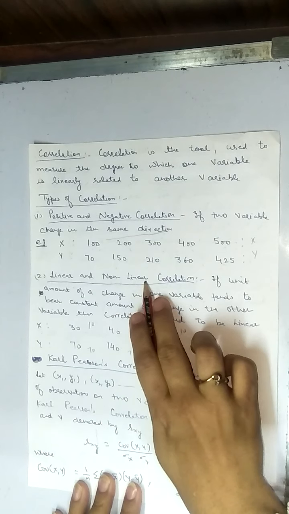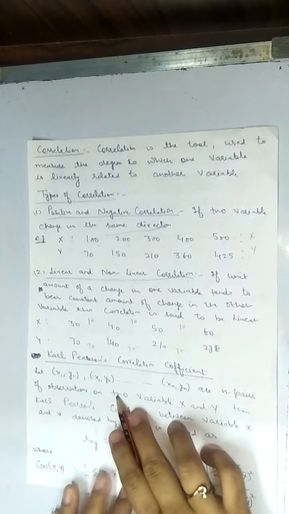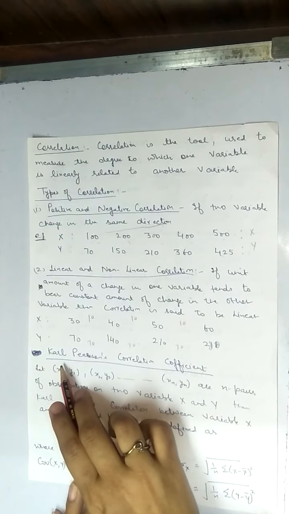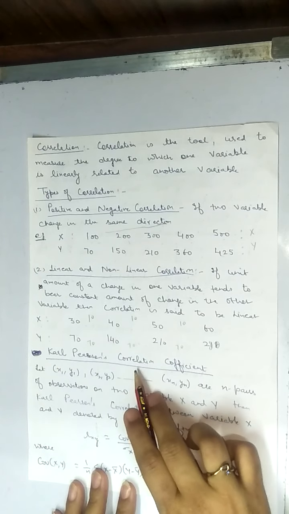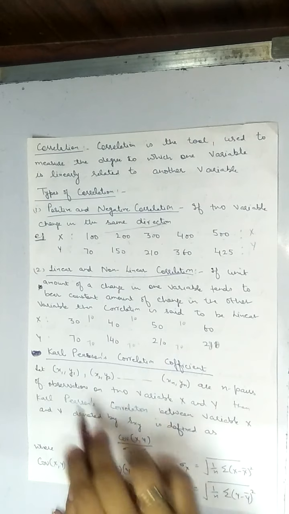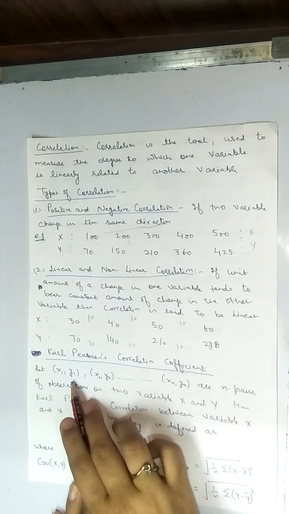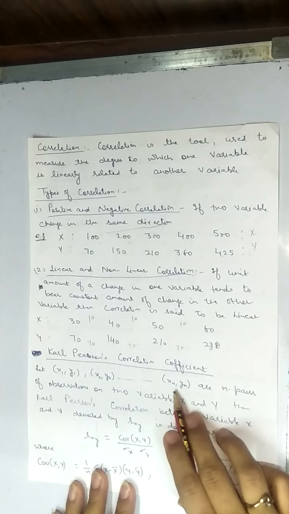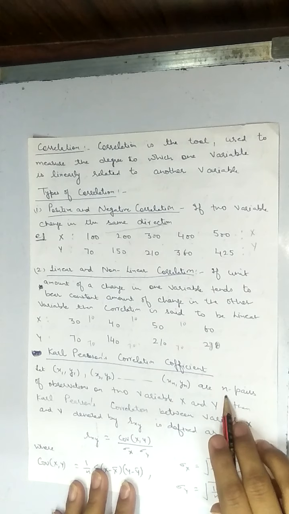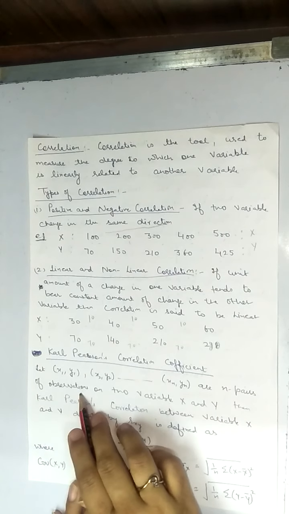Next is a very important method, the Karl Pearson correlation coefficient. Let x1 comma y1, x2 comma y2, and so on up to xn comma yn be n pairs of observations.